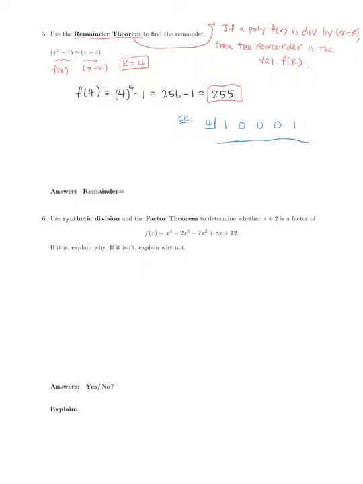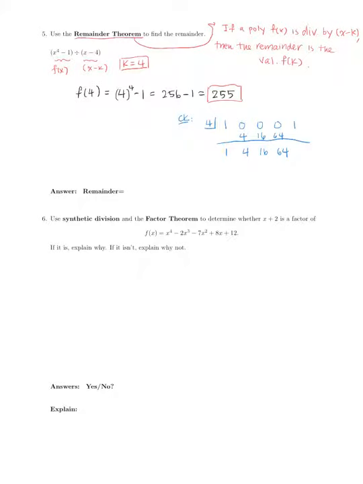So first you drop down that 1, and then 1 times 4 gives us 4. You add now 0 plus 4 is 4. The next one, you go 4 times 4, which is 16. Now you add them vertically, so you're going to have 16. Next one, you go 16 times 4, that's what, 64? And add 0 plus 64, so you're going to have 64. And the last one is going to be 64 times 4.